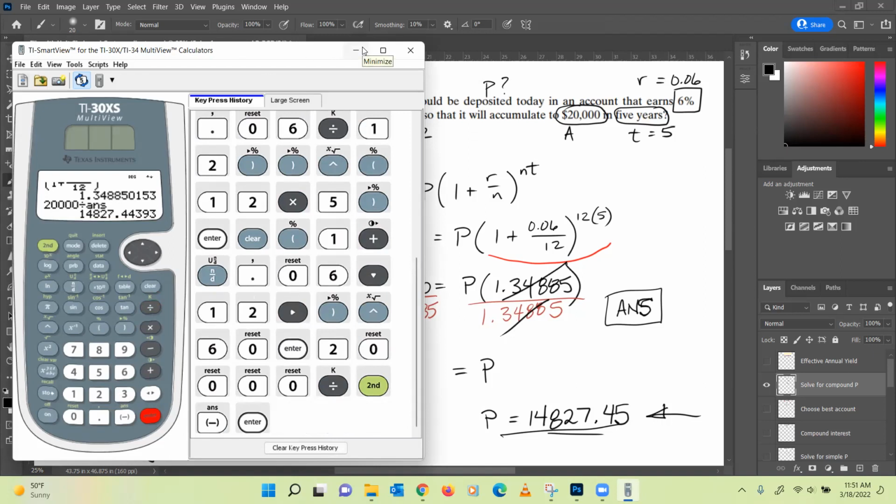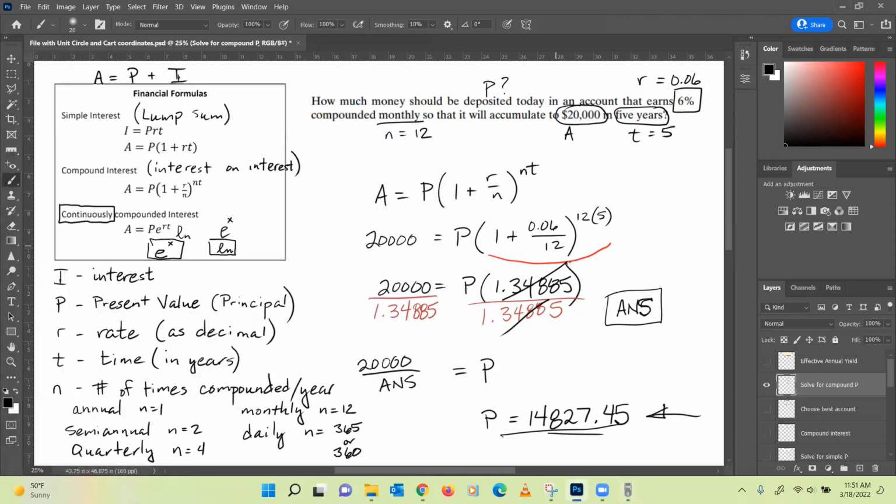So that's the ANS I was talking about. Mine was above the minus key on that calculator. It's above the minus key on the calculator on my desk, but I've got another calculator that actually has a button that says ANS on it. So we'll use whatever calculator we have and make it work for us.